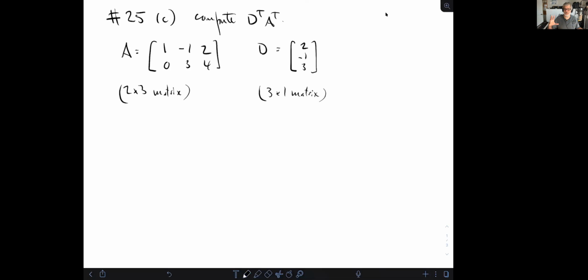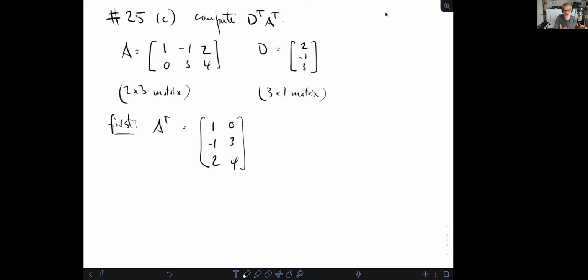So what's the transpose? Again, the transpose is rows become columns. First I'm going to compute A transpose. So this is a 3 by 2 matrix. First row becomes first column, 1 minus 1 2, and then 0 3 4. It's just a question of knowing what this means.